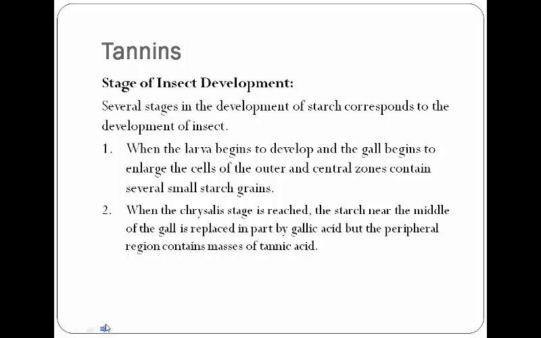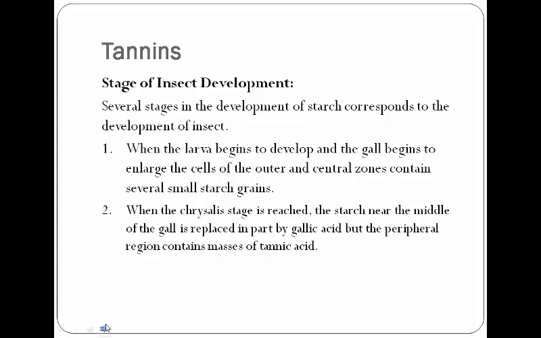How does the insect develop? There are several stages in the development of the gall that correspond to the development of the insect. When the larva begins to develop and the ball begins to enlarge, the number of cells in the outer and central zone of the ball increases, and they contain several small starch grains.